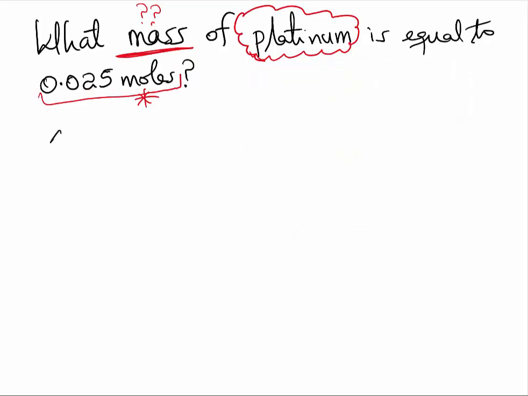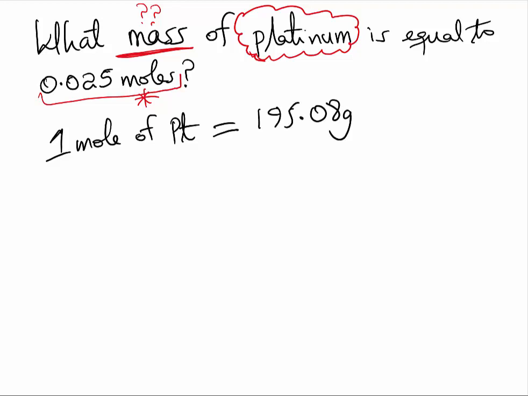1 mole of platinum will have a mass of 195.08 grams. That is the relationship between the mole of platinum and the mass.